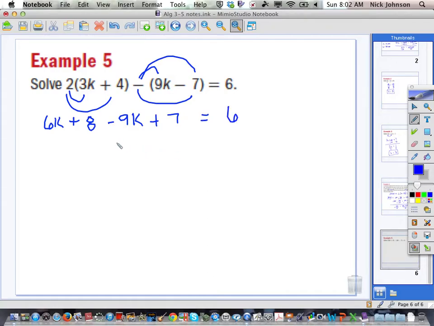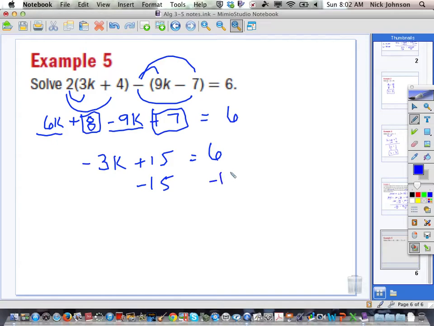Put my like terms together. If you don't know like terms, you're in very big trouble. Negative 9k and 6k is a negative 3k. 8 plus 7 is 15. Get k by itself: the inverse of adding 15 is subtracting 15. Whatever I do to one side, I do to the other.